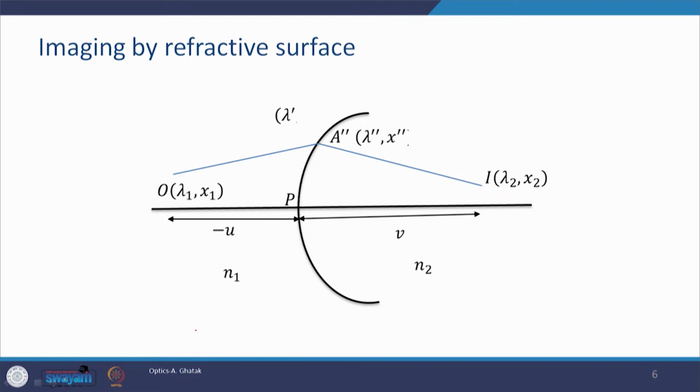But here in this case, we will implement the matrix method for a very simple case of a single refracting surface. Now, this curve represents the refracting surface. This refracting surface divides two media of refractive index N1 and N2.